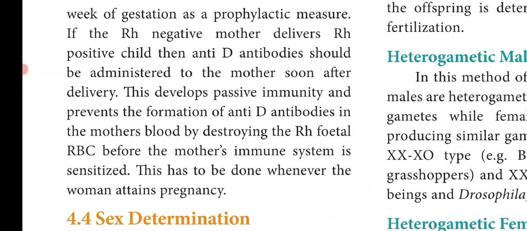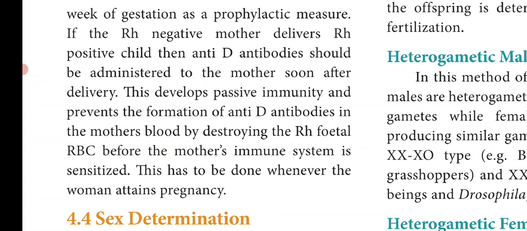On the other side, if the preventive measure is not taken and the Rh negative mother delivers an Rh positive child, then anti-D antibodies should be administered to the mother soon after the delivery.